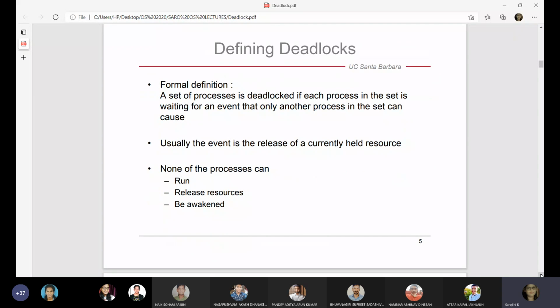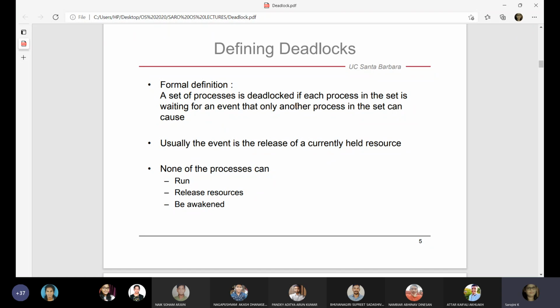Defining deadlocks. You can also write: a set of processes is deadlocked if each process in the set is waiting for an event that only another process in the set can cause. How can we say a set of 2 or 3 processes got deadlocked?